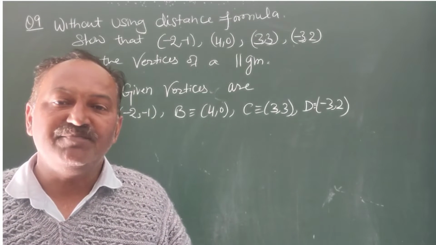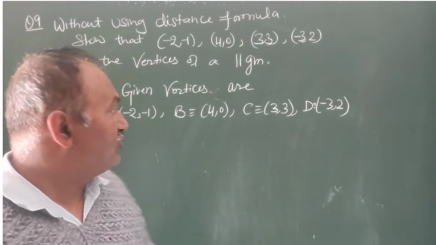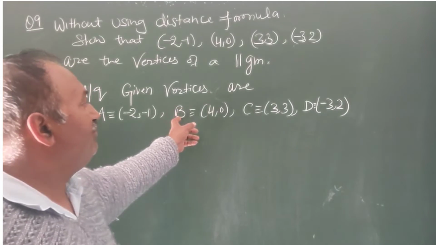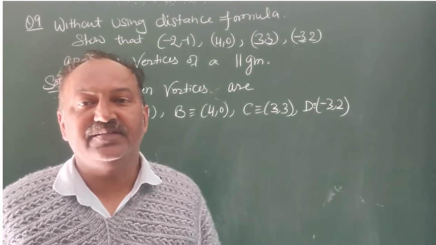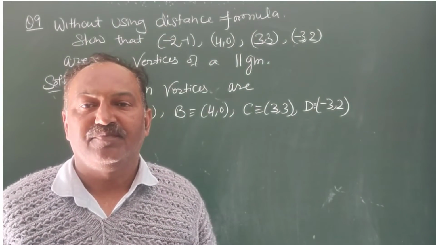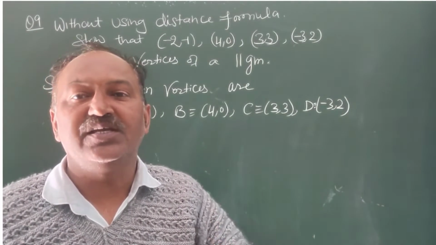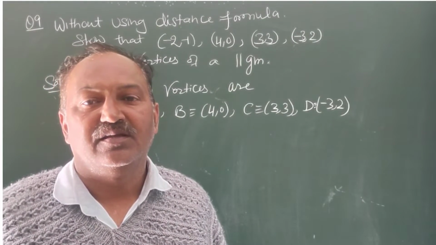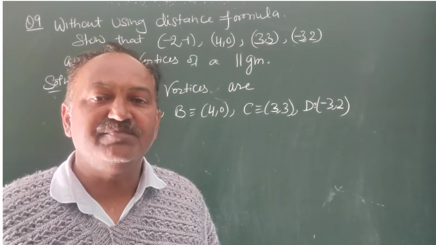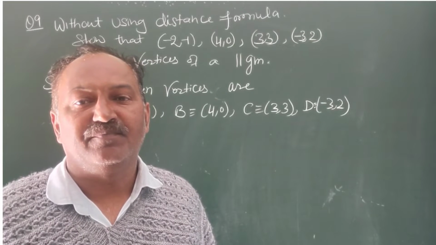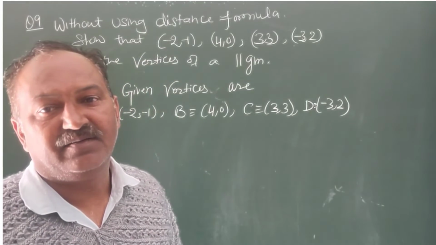So this is the case of the distance formula, but we do not have to adopt the method of distance formula, we have to adopt the method of slope. Slope of AB, slope of BC, slope of CD and slope of AD, these four slopes we have to find, and the slopes of opposite sides should be the same, equal, hence opposite sides are parallel, hence it will be a parallelogram. So let us discuss this method.